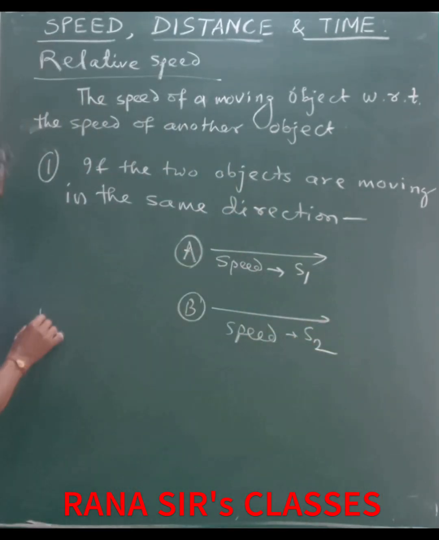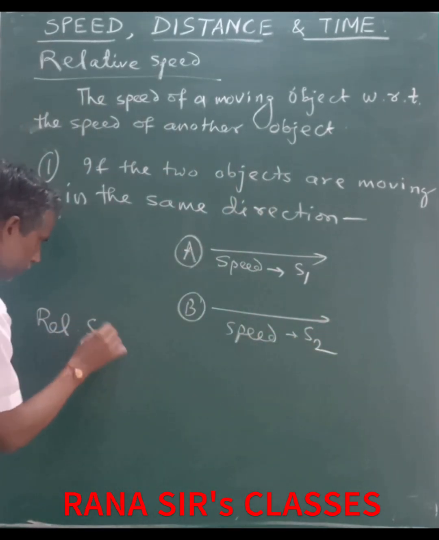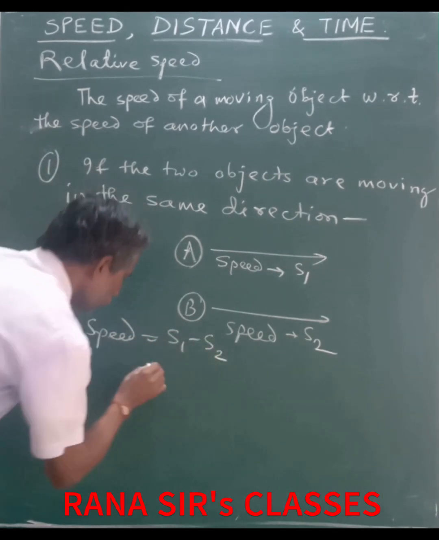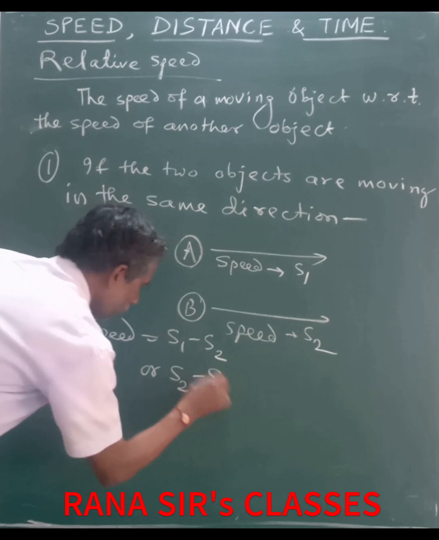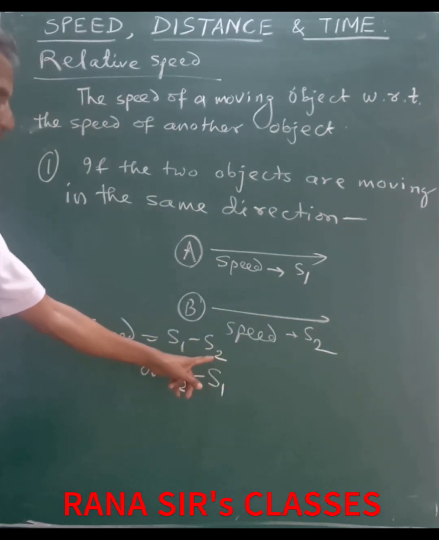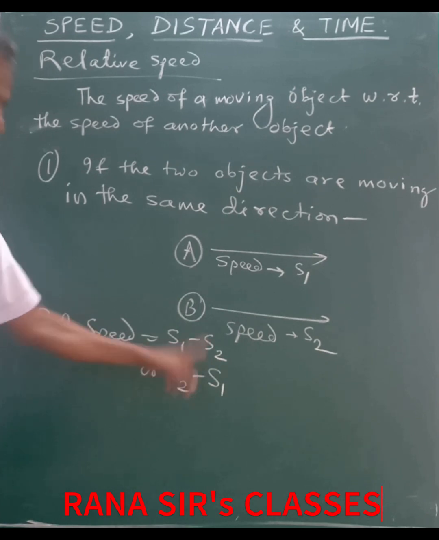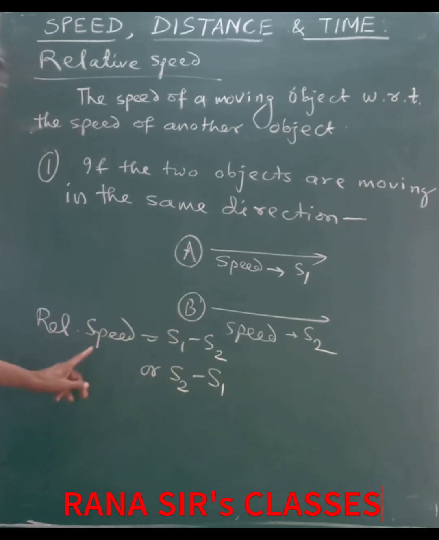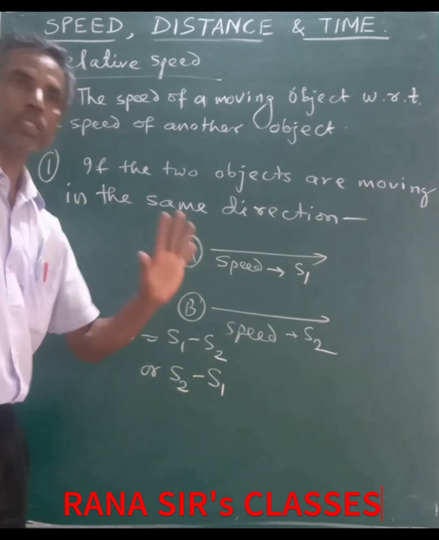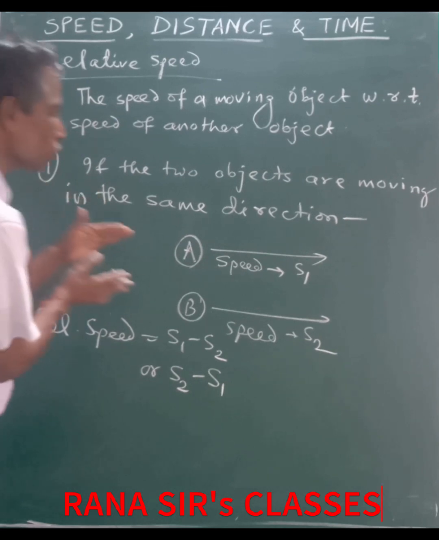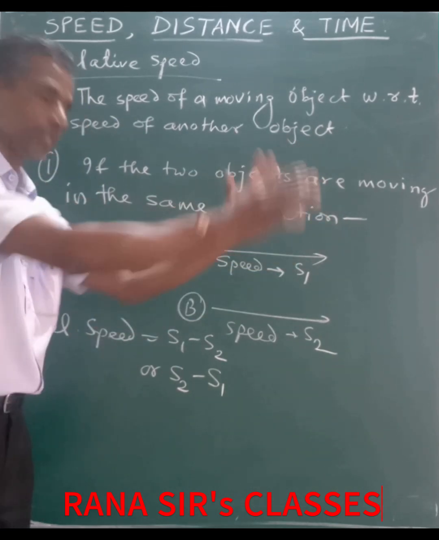Then the relative speed is s1 minus s2 or s2 minus s1. If s1 is greater than s2, then relative speed is s1 minus s2. If s2 is greater than s1, then the relative speed is equal to s2 minus s1. This is the case when both are moving in the same direction.